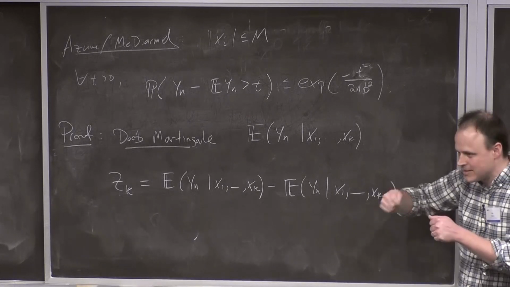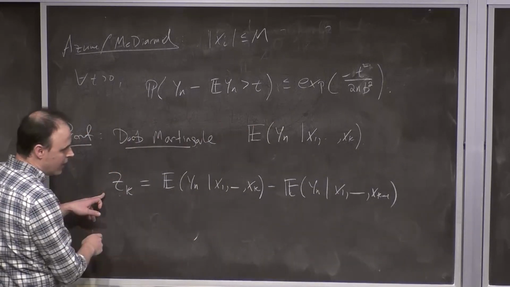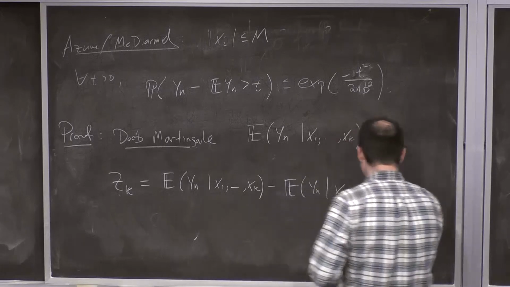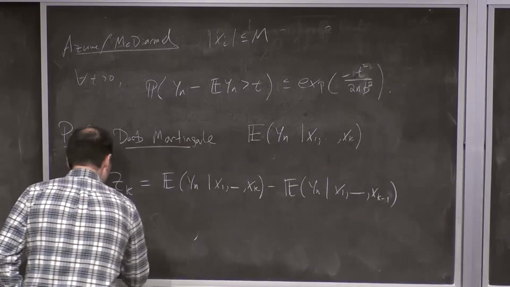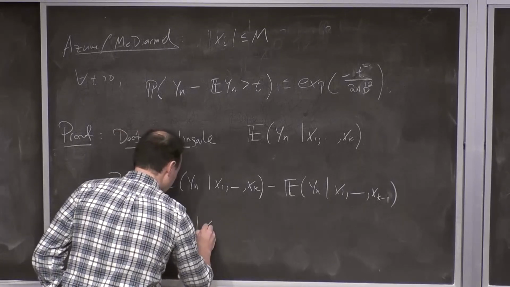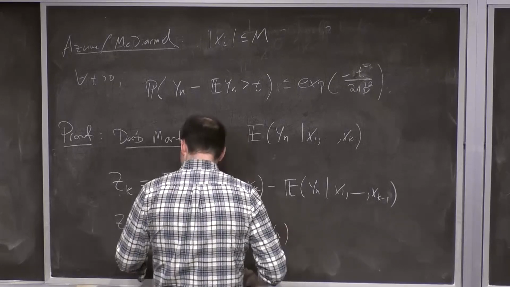And I'm going to just add this up from k is 1 to n. So this is zk. If k is equal to 1, I have no conditioning. So z sub 1 is expectation of yn given x1 minus expectation of yn.